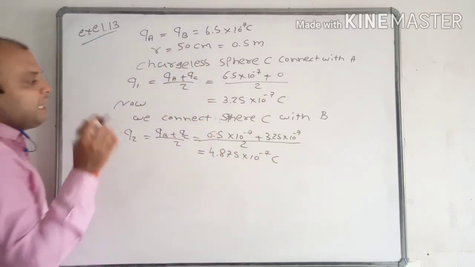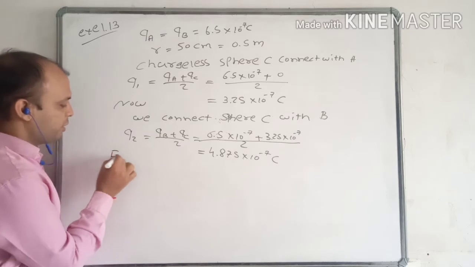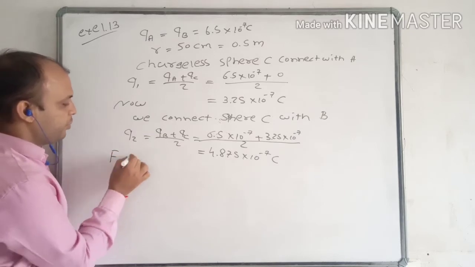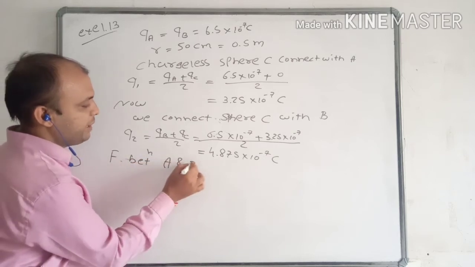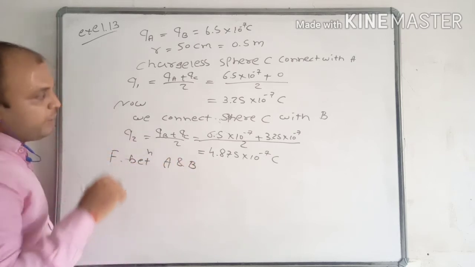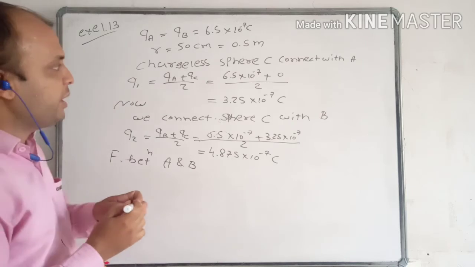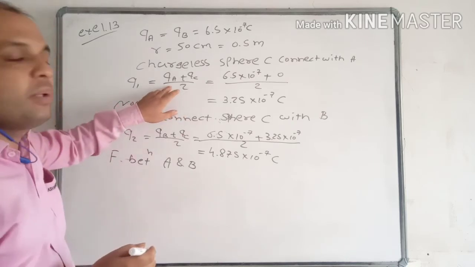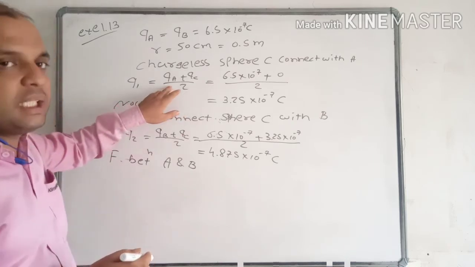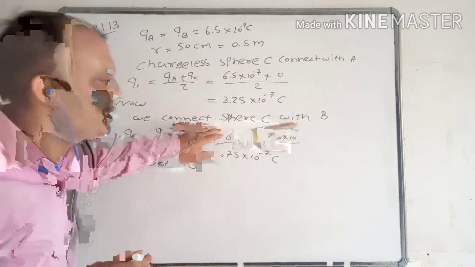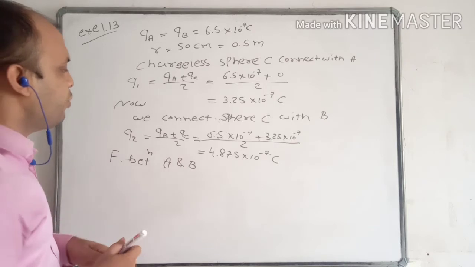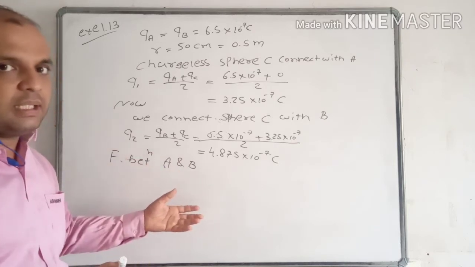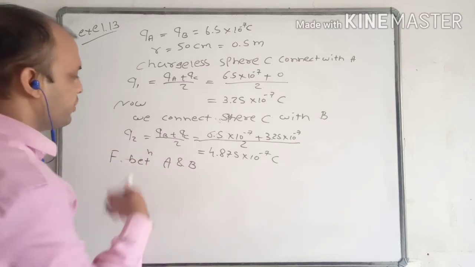Okay. Now we have to find the force between A and B. When we connect the chargeless sphere to A, the charge of A changes, and when we connect it to B, the charge of B changes. So now the charges of A and B both change, and we have to find the force between them.